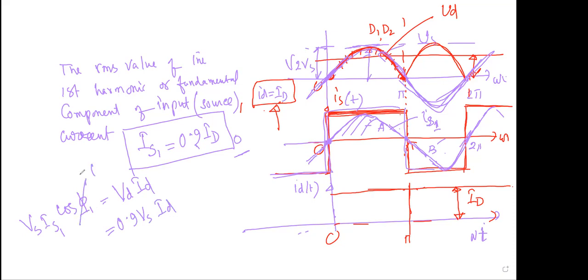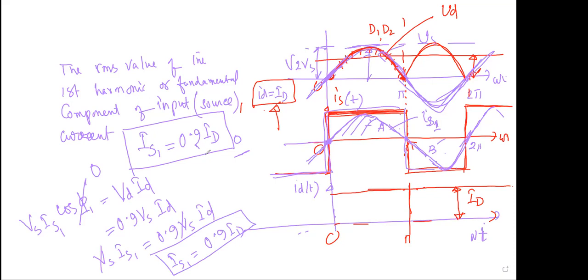Phi 1 equals 0. Then your VS IS1 will be 0.9 VS ID. This VS cancels. Then IS1 will be 0.9 ID. That I am trying to tell you.